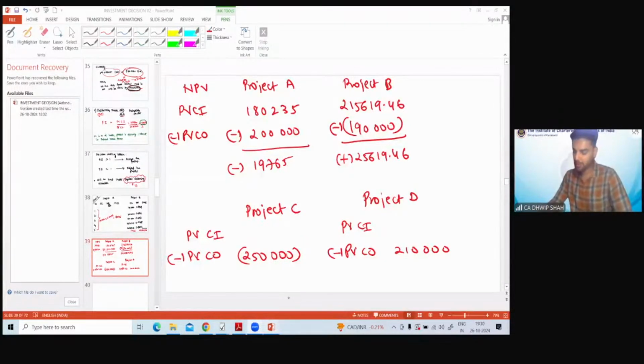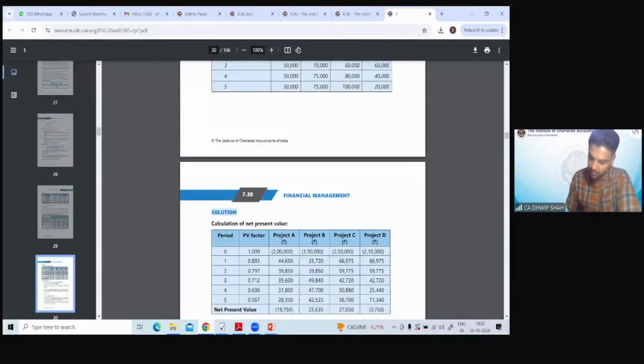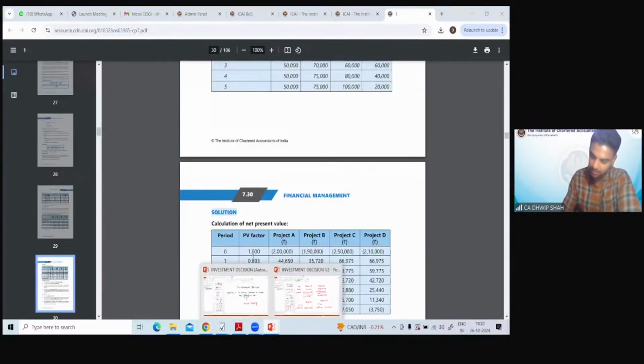How many decimals did you take? I think you need to recalculate it. It should be 27045. Yeah, negative. For project D, it is negative 37, roughly around 3750.